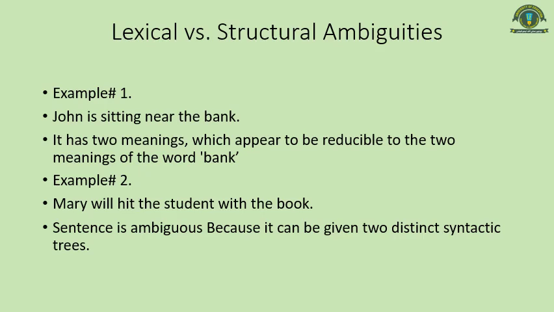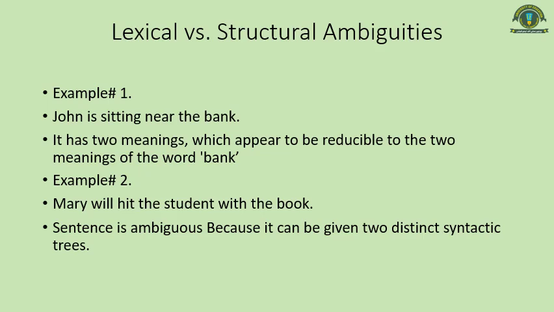Let's see example number 2. Mary will hit the student with the book. It means that Mary will hit the student and she will do so with the book, meaning the hitting is done with the book. And the other meaning is Mary will hit the student who is actually holding the book, meaning the student is holding the book. None of the words in example 2 is ambiguous. So why is the sentence ambiguous?